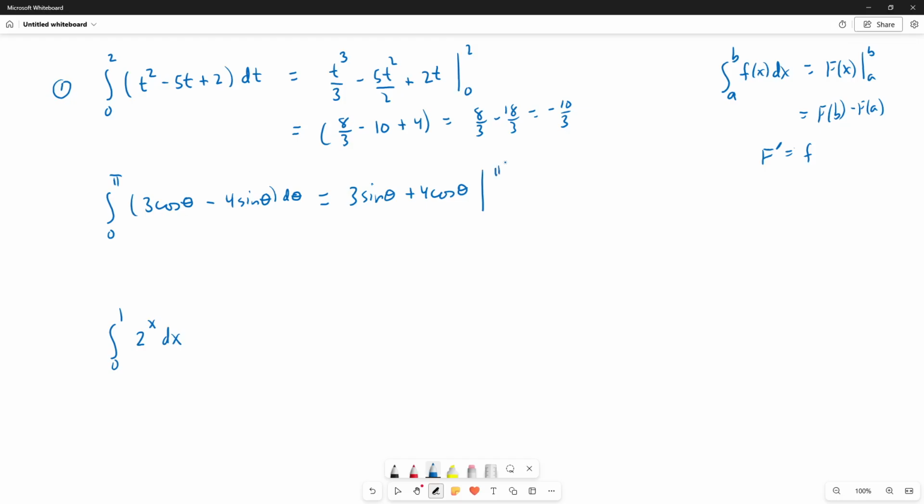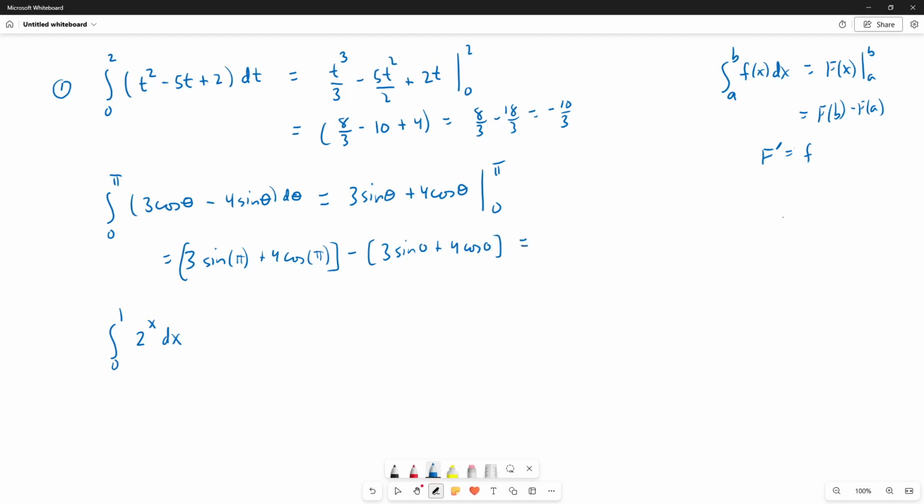And then we have to plug in pi and 0. So we get 3 times the sine of pi plus 4 times the cosine of pi minus 3 times the sine of 0 plus 4 times the cosine of 0.